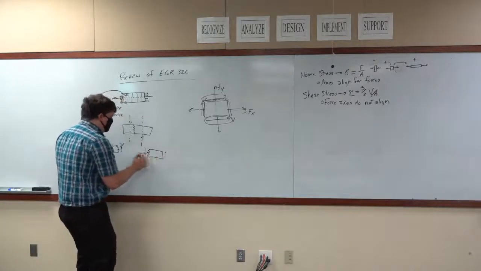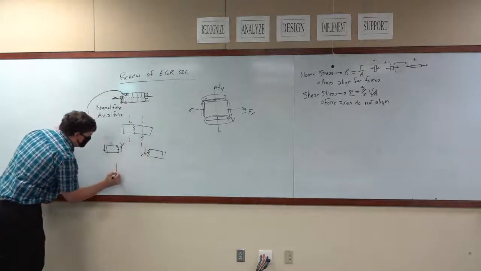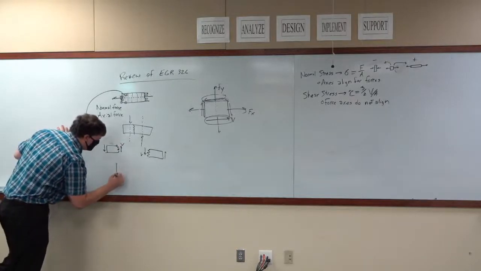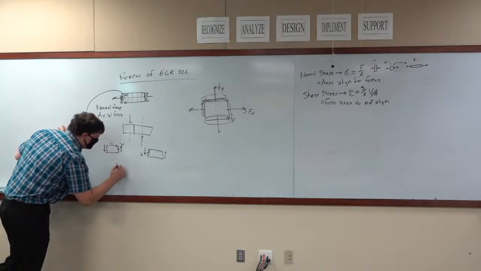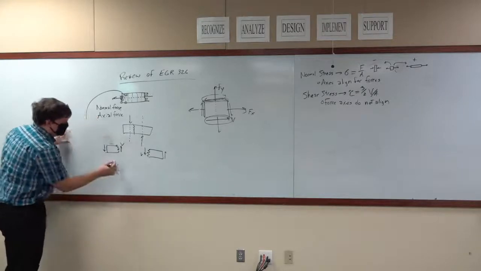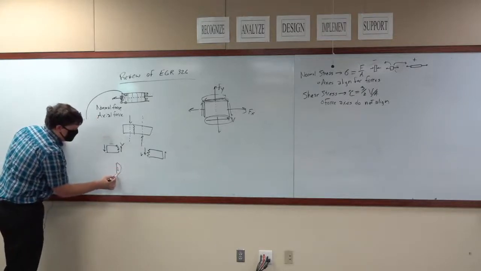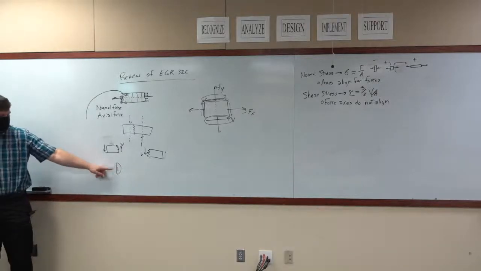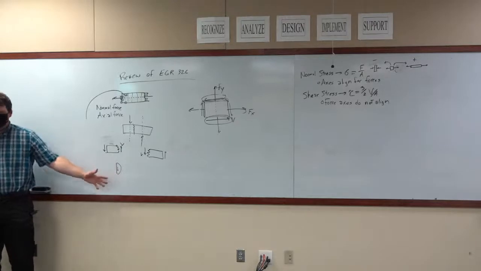Okay, so looking at the distribution of shear forces, at the top it's very small, at the bottom it's very small, and in the middle it's very large. The distribution kind of looks like a parabola. Small, small, large.